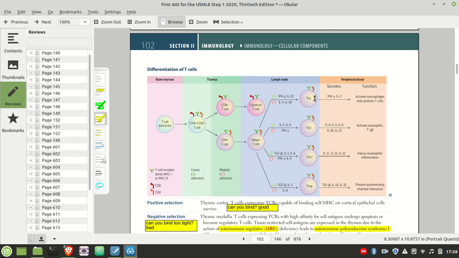So you can kind of see how everything sort of influences everything else, right? Th1 secretes interferon gamma, upregulates itself. Also secretes interleukin 2, which is huge for Th2. That's how you can remember it: 2, 2. And as is tradition, Th2 is going to secrete interleukin 4, which helps upregulate itself. But at the same time, remember how Th1 also secretes interferon gamma and interleukin 2, right here.